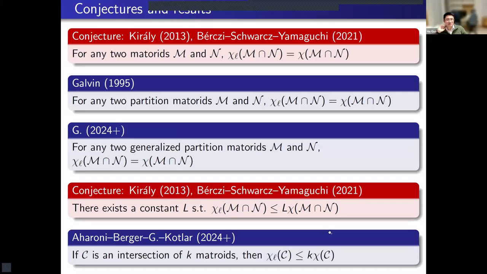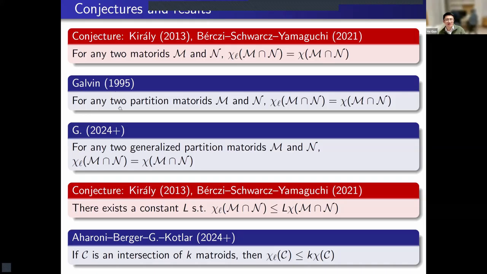And there is also a conjecture about the least chromatic number. Király, Berczi-Schwarcz and Yamaguchi conjectured that for any two matroids M and N, the least chromatic number of their intersection is equal to the chromatic number of the intersection of them. Regarding this conjecture, there are some known results. The first one is by Gowen in 1995.